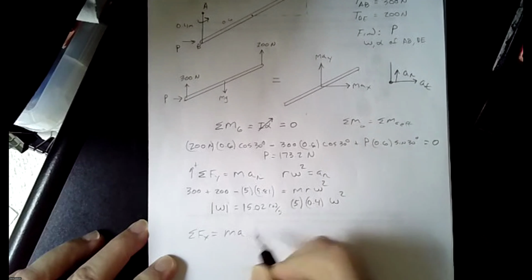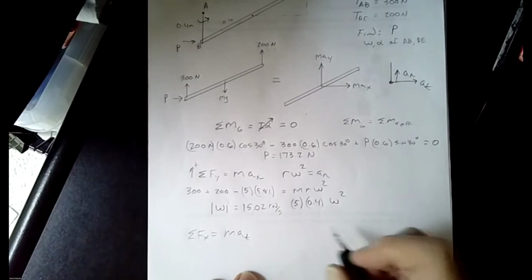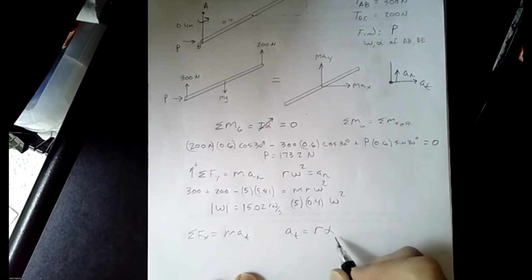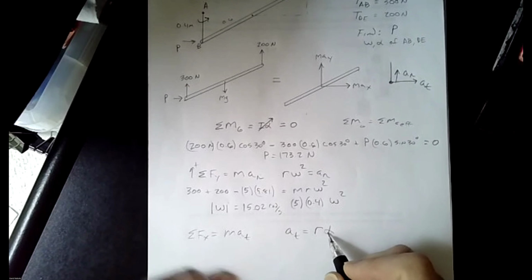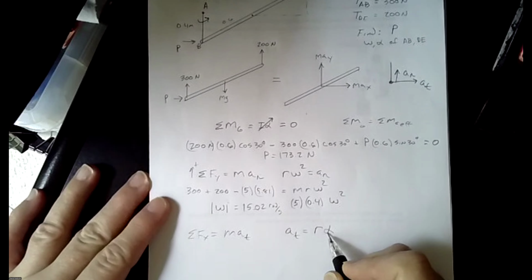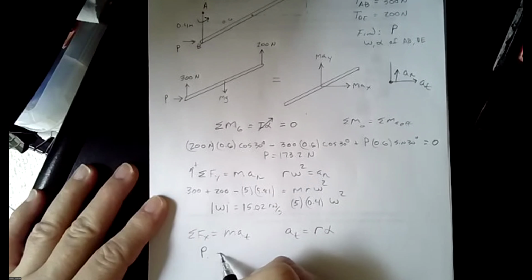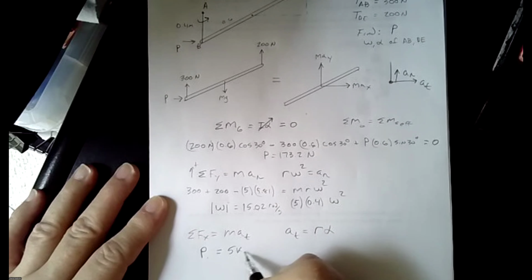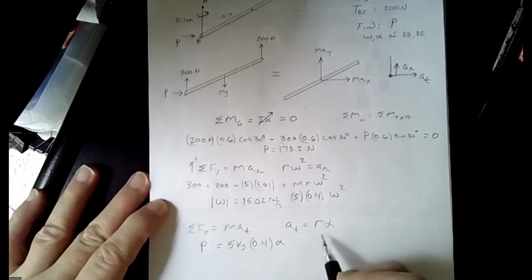equal to MA tangential, A tangential is what? It's R alpha, right? So the bar has no alpha, but the cables do. And so what does that give me? It gives me P, that's the only force in the x, equals 5 kilograms times 0.4 times alpha. Just substituting that in.